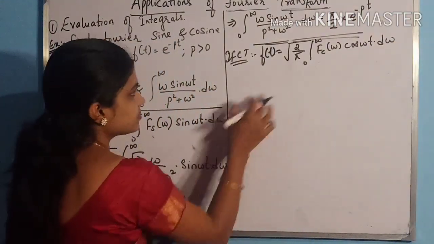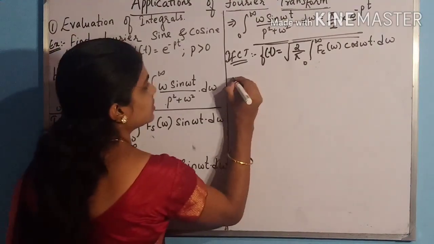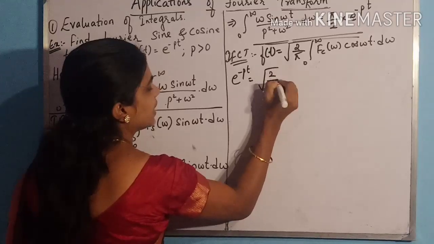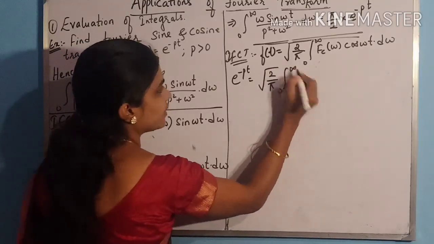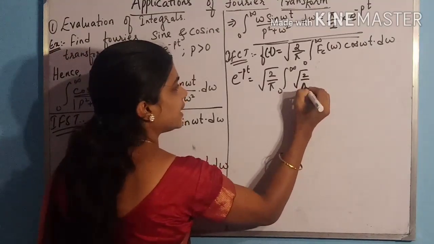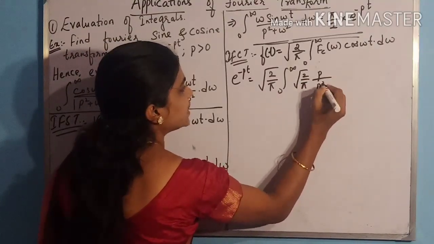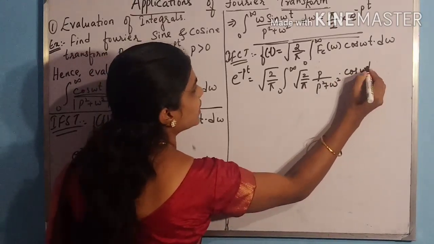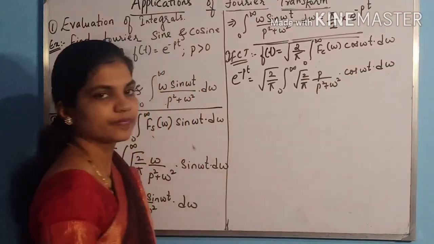So now what is this? e raised to minus pt is equal to root 2 by pi, integral 0 to infinity, fc of omega is root 2 by pi p upon p square plus omega square, cos omega t d omega, right?